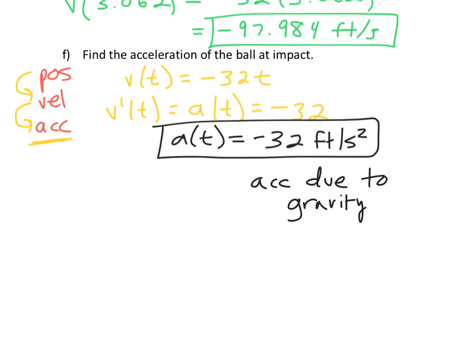Often you memorize acceleration due to gravity as negative 9.81, but that is in meters per second squared, so the negative 32 is measured in feet per second squared. And that is always going to be the same regardless of the time, because that is the rate that the Earth is actually causing the object to fall in terms of its acceleration.